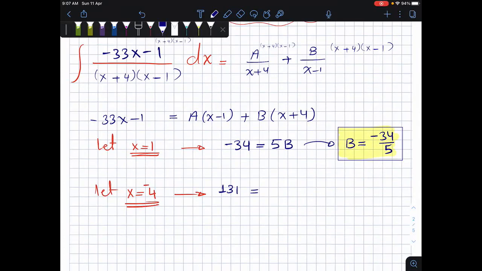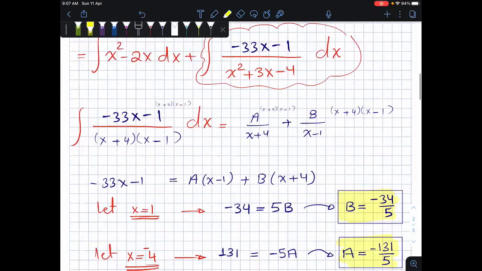The b cancels and we have -5a equal to 131, so a equals -131 over 5.